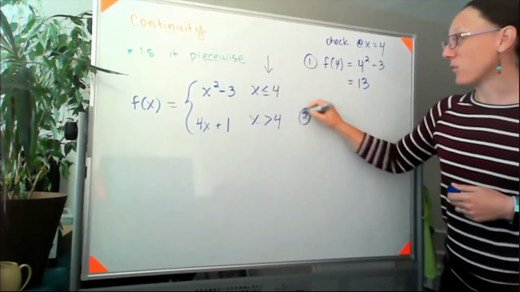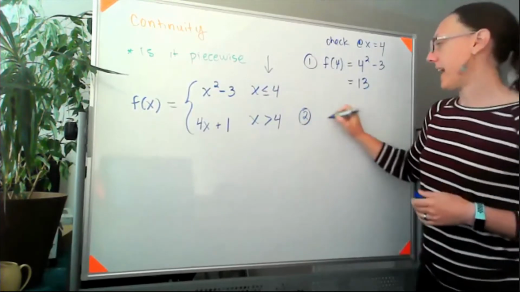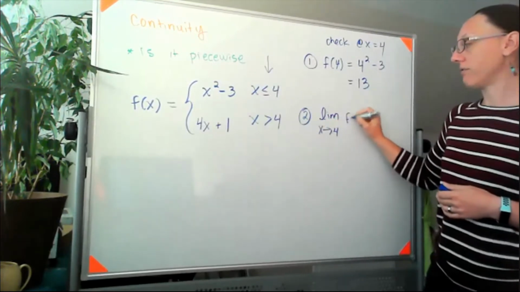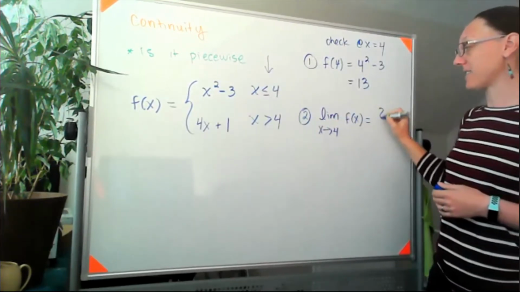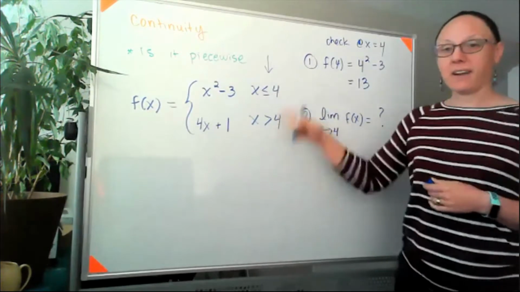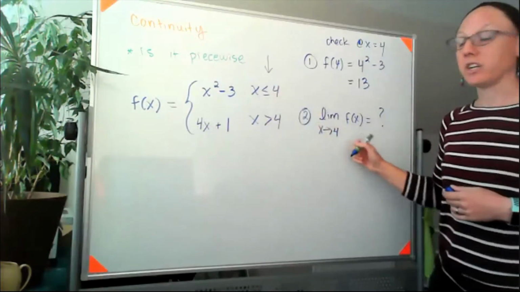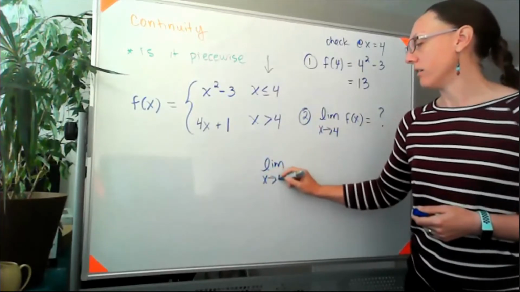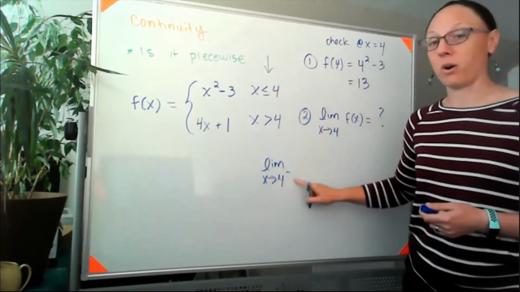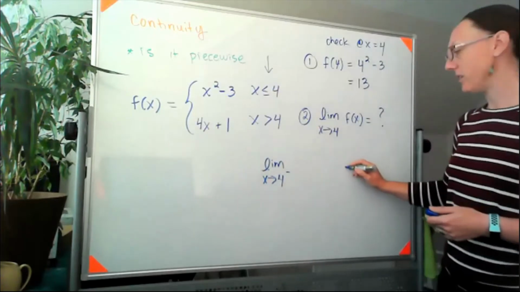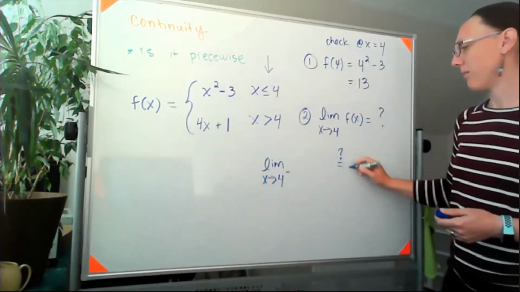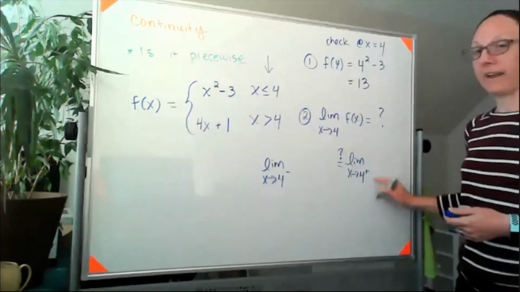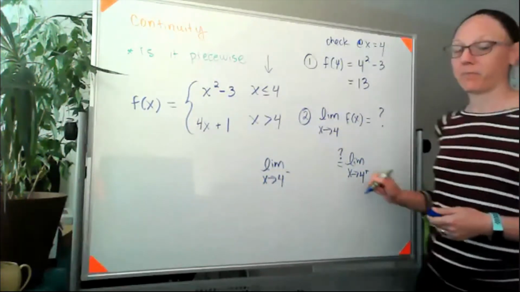That second piece for continuity asks us, does the limit as x approaches 4 for this function exist? Because it's a piecewise function, we're going to check this by taking the limit as x approaches 4 from the left, or 4 minus a little bit. And we need to know, is that the same as the limit as x approaches 4 from the right, or 4 plus a little bit?